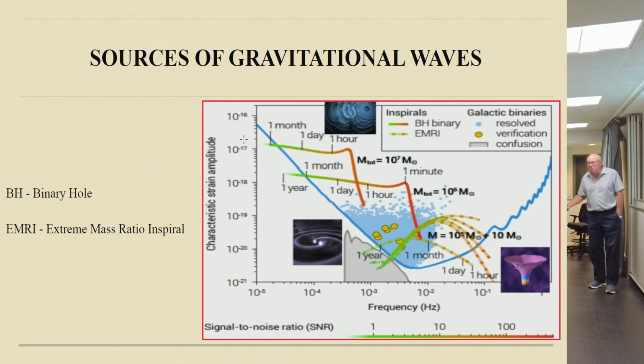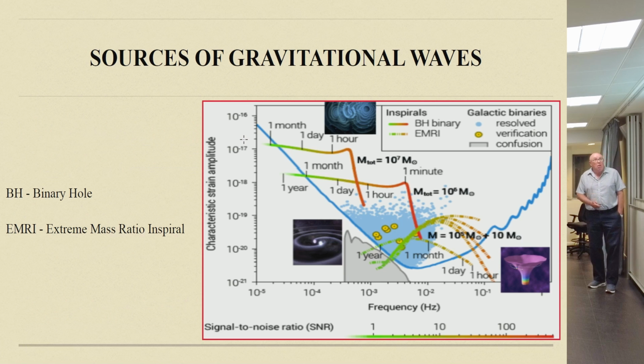Now, LIGO and Virgo operate at the top, further up here. So we don't have anything at the moment that will operate in this region. We're looking at less than a hertz.